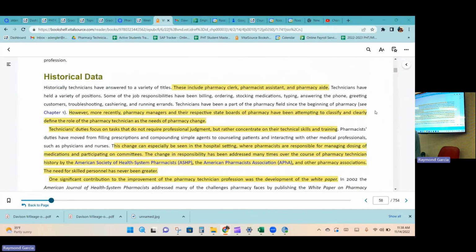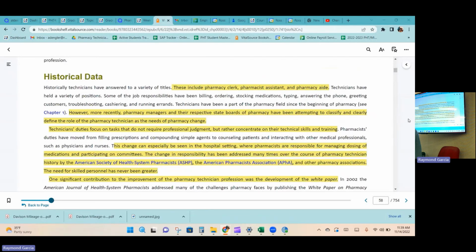Historically, technicians have answered to a variety of titles. These include pharmacy clerk, pharmacy assistant, and pharmacy aide. Technicians have held a variety of positions. Some of the job responsibilities have been billing, ordering, stocking medications, typing, answering the phone, greeting customers, troubleshooting, cashiering, and running errands. Technicians have been a part of the pharmacy field since the beginning of pharmacy.